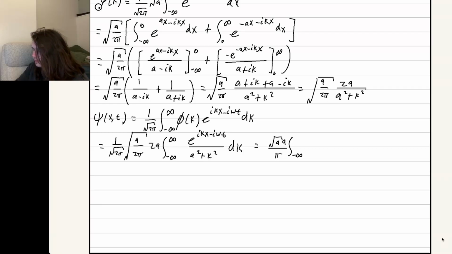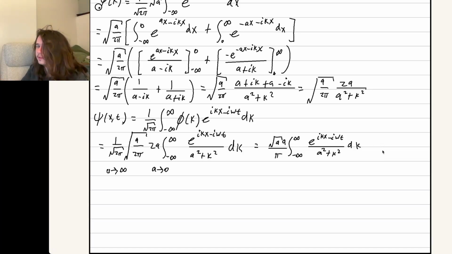And there's also another power of a up here, over a squared plus k squared dk. But then the problem asks us to look at the limiting cases, those being a goes to infinity and a goes to 0. So let's look at a Desmos plot that I've set up.